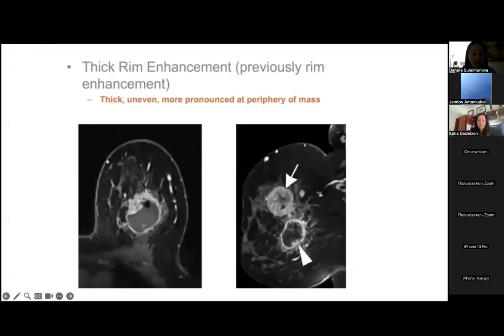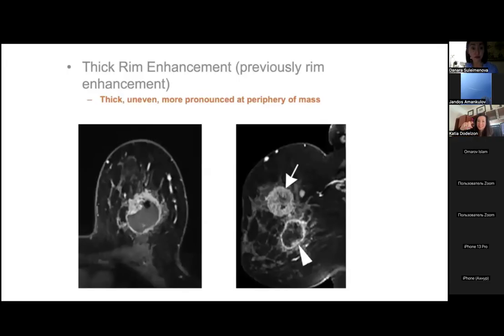So thick rim enhancement, I mentioned it, that's the last descriptor, most suspicious for carcinoma. Previously, they just called it rim enhancement. Remember, when we talk about very thin, uniform rim enhancement, that they can draw with a tiny pencil, look for a complicated cyst, a hematoma, or a postoperative seroma.